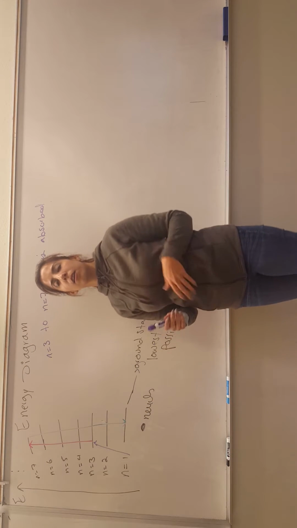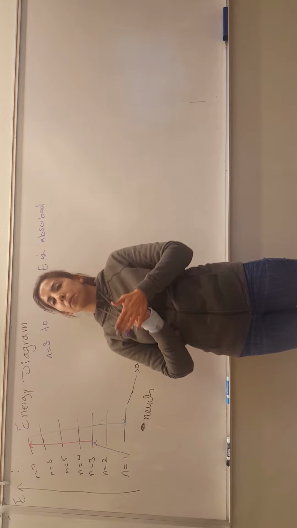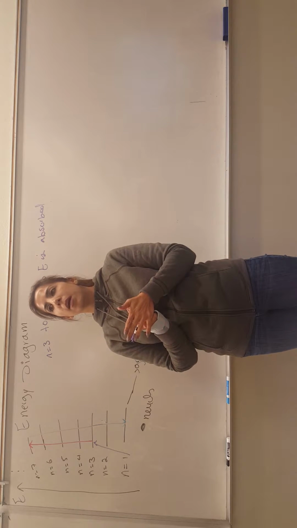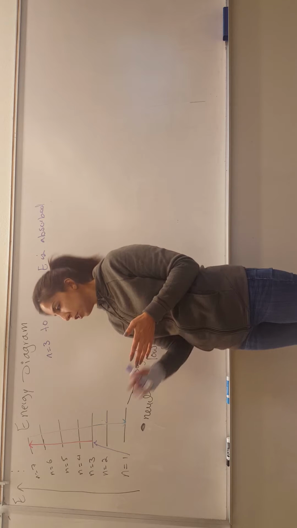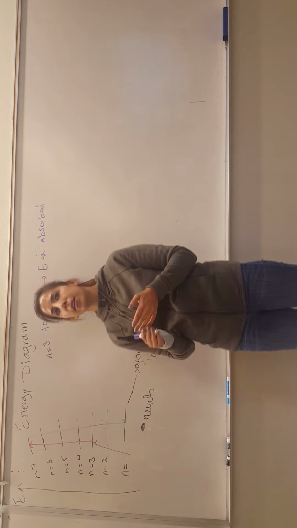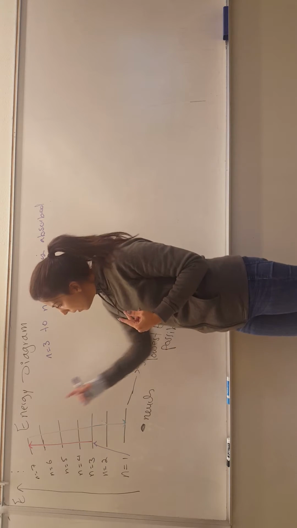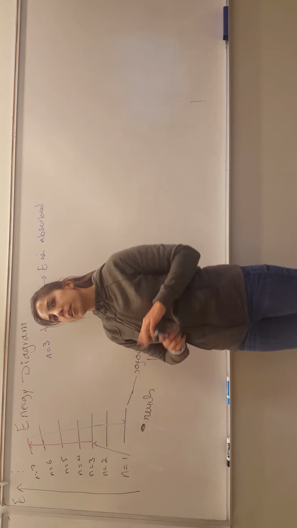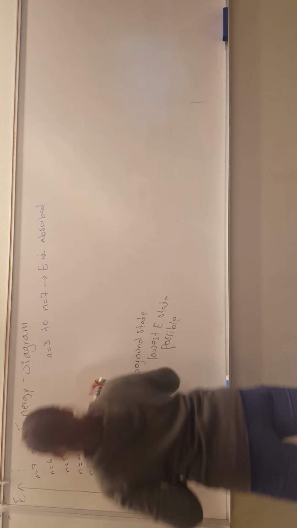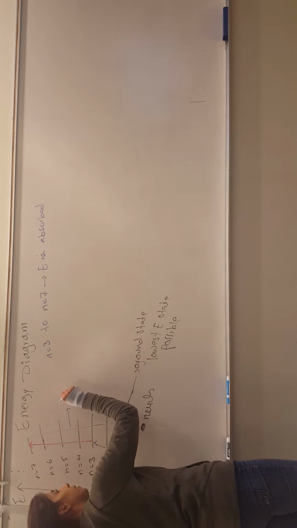However, if I cut off energy, maybe it drops back to energy level 1. But if I decrease the energy, it may drop back to other energy levels. Now, a couple of things to keep in mind. When this comes back to a lower energy level, it is releasing energy.